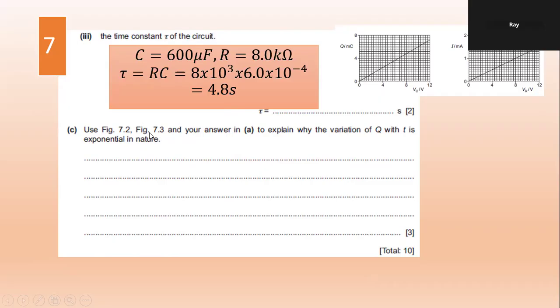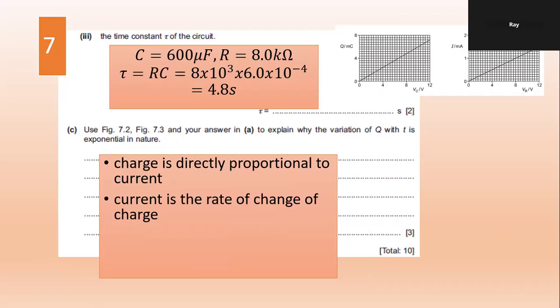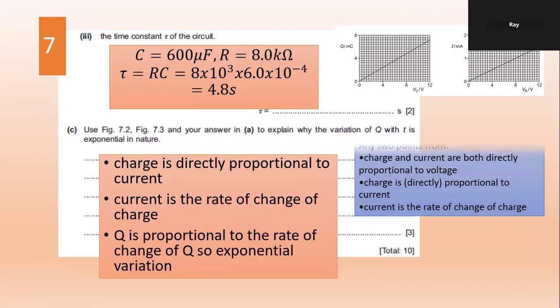Use figure 7.2, 7.3, and the answer in A to explain why the variation of Q with t is exponential. Right, this one is same as we have done in the previous question about radioactivity. Right? Charge is directly proportional to current. This is the alternative answer.